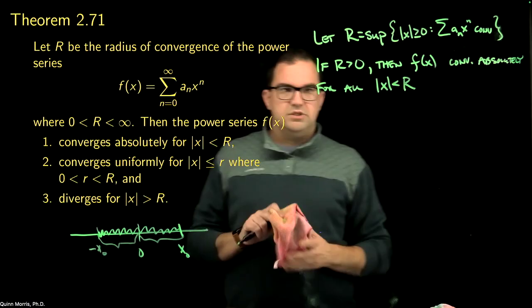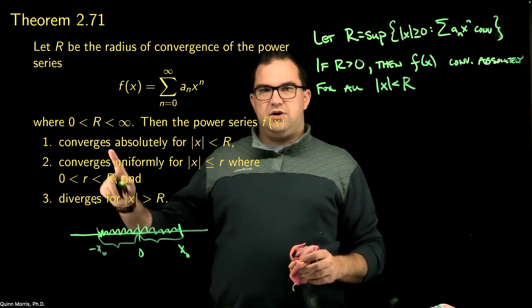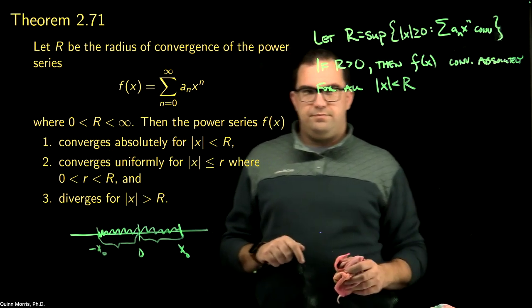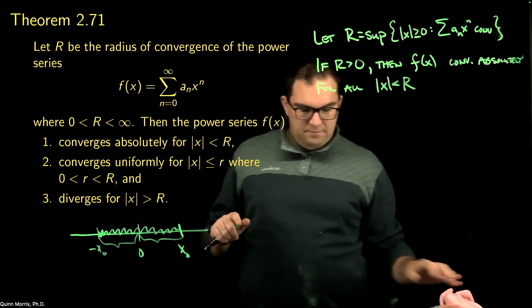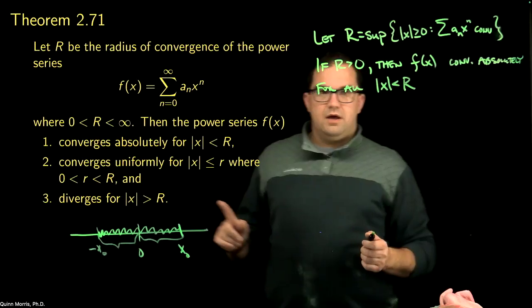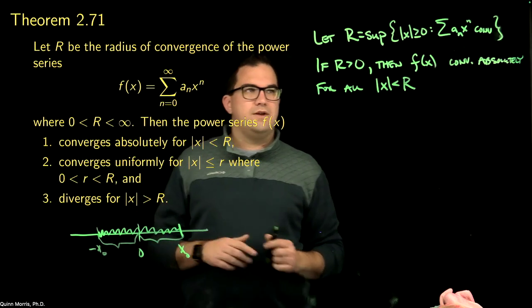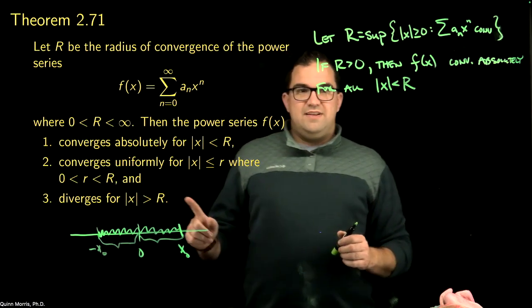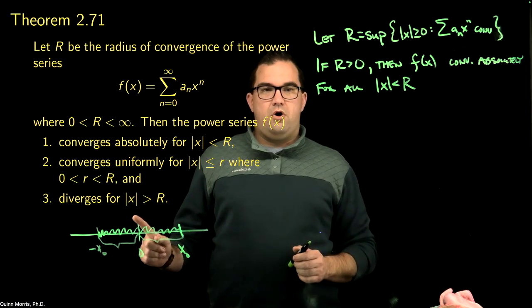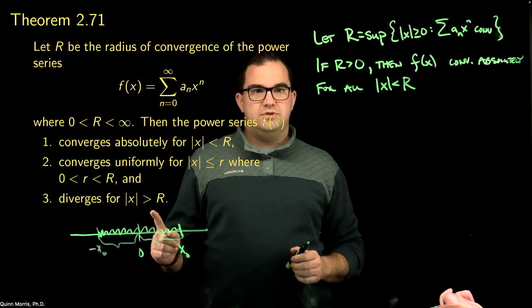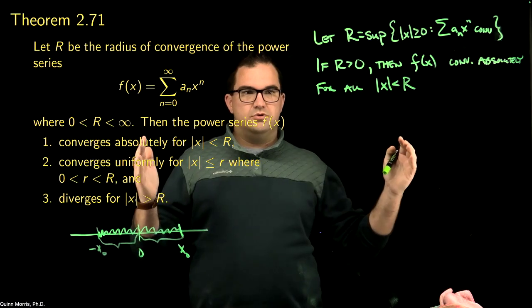All right. So essentially here, this gives us the converges absolutely for x is less than R. Okay. Now, it's worth sort of noting, this also gives us that it diverges for the absolute value of x greater than R. Because if it didn't diverge for all x greater than R, that would mean there's some x whose absolute value is greater than R for which this converges.